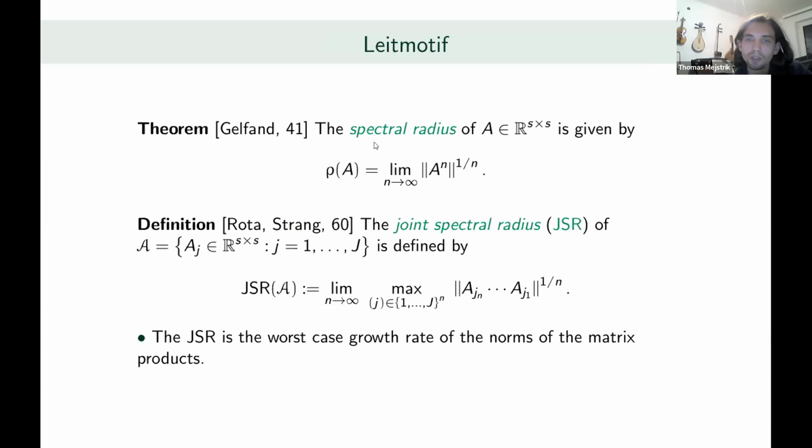So matrix products of length n. And now the joint spectral radius takes a finite set of matrices and looks how does the norm of all matrix products of length n evolve with respect to n. So it's the worst case growth rate of matrix products from our set.